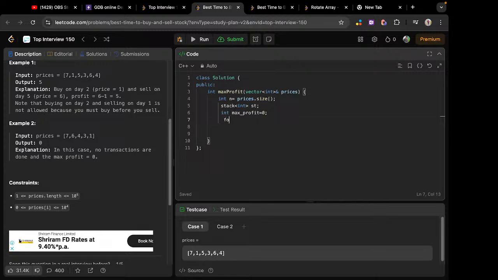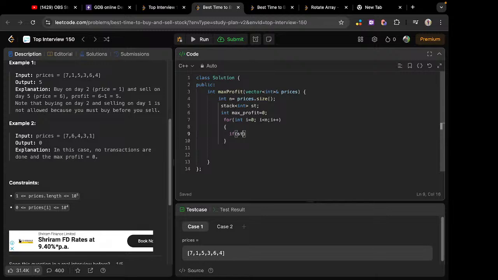And I will run the loop for i equals 0 to i less than n, i plus plus.